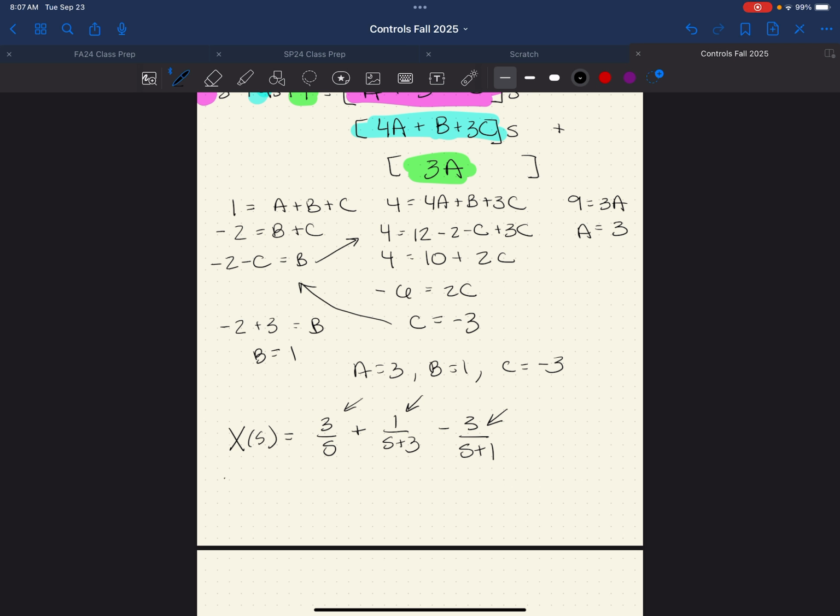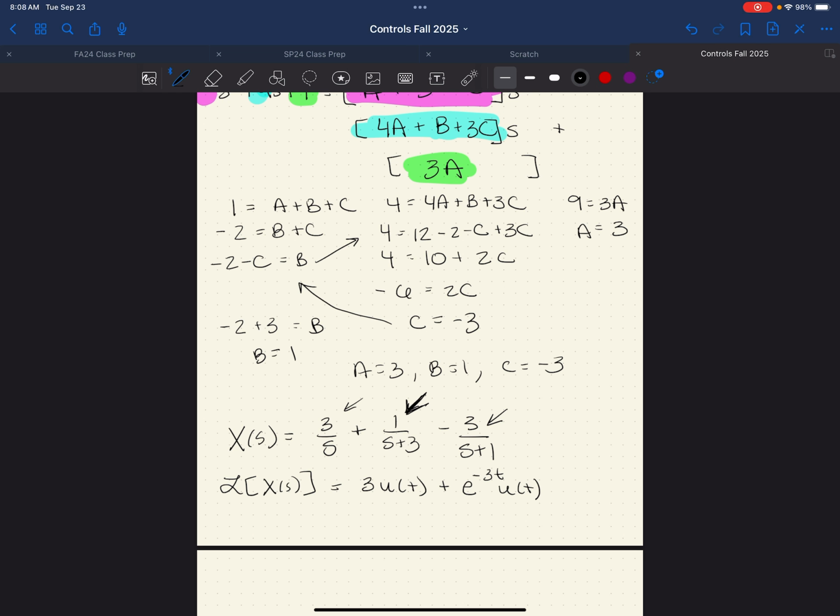So now if I wanted to take the inverse Laplace transform of big X of s, I would get 3 times u of t, because the Laplace transform of u of t is 1 over s. And then we would get plus e to the minus 3t u of t, which is the inverse Laplace transform of this term here.